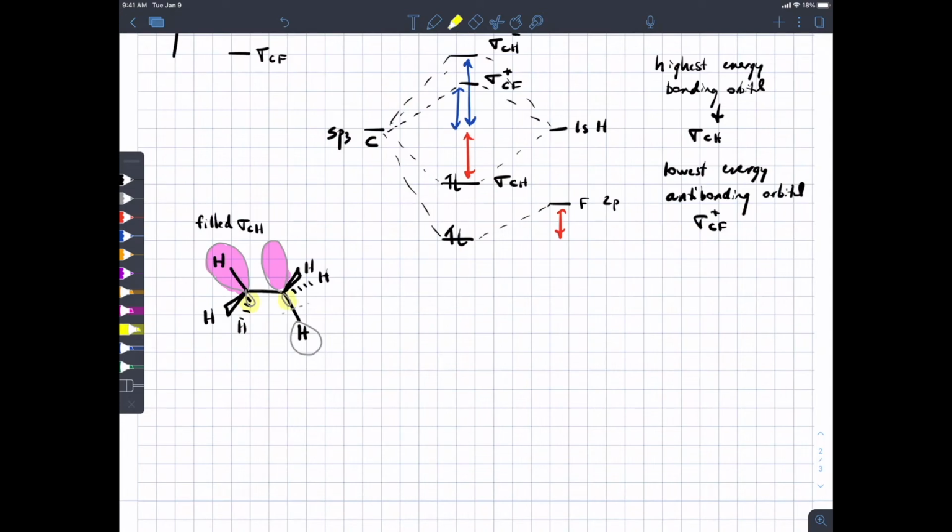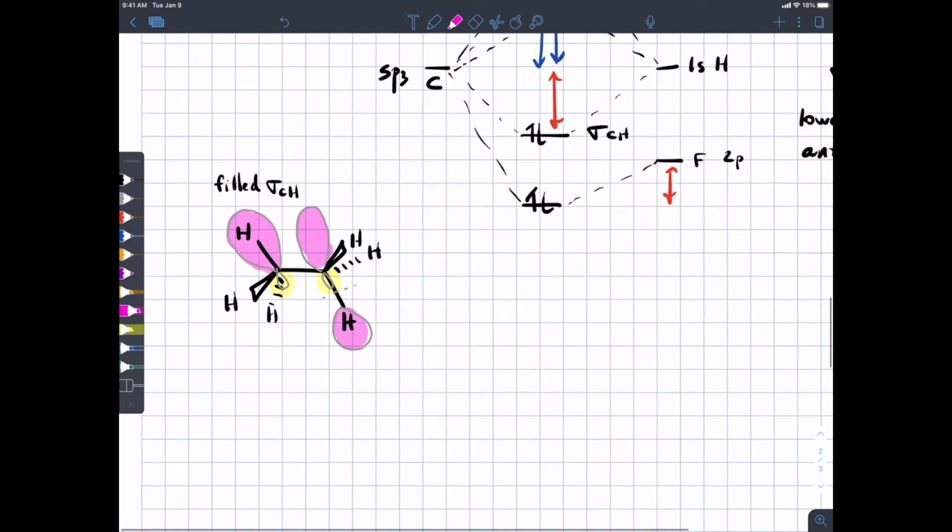Now you can go through this analysis using group orbitals and you'll get the same answer, but this is a useful way of thinking about it. Imagine you have a filled orbital in the same molecule as an adjacent empty orbital, sigma star carbon hydrogen bond.